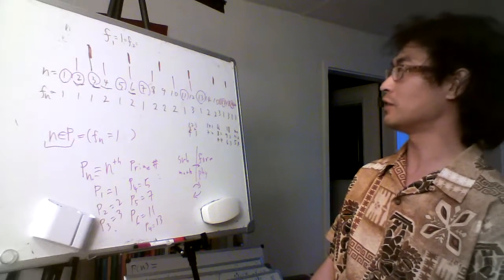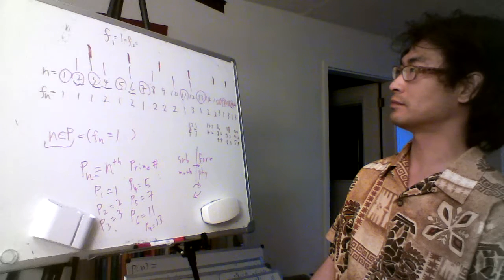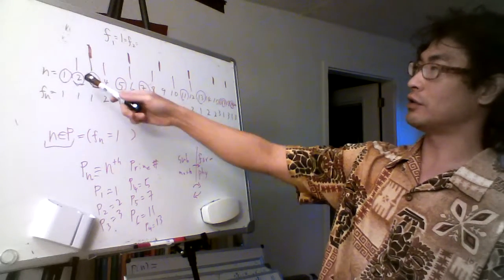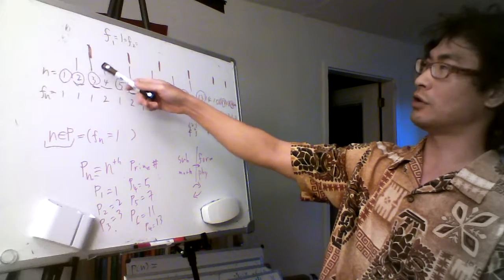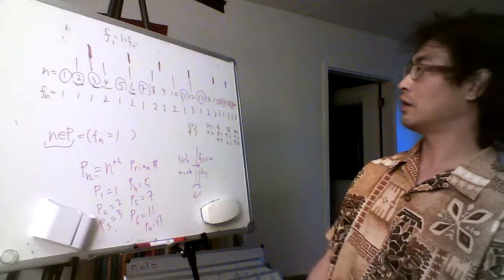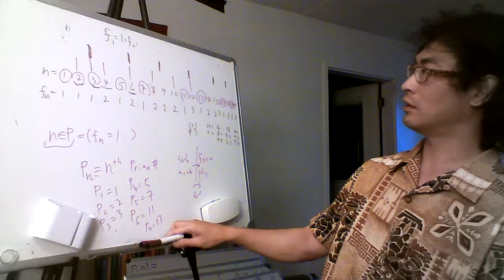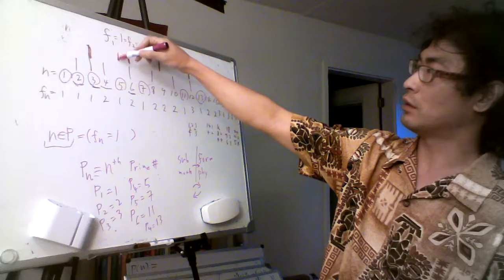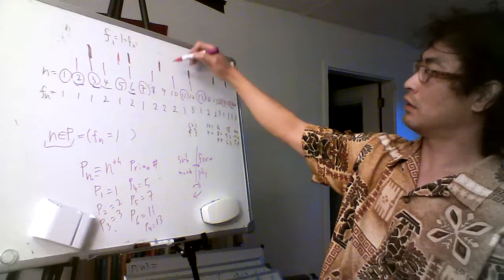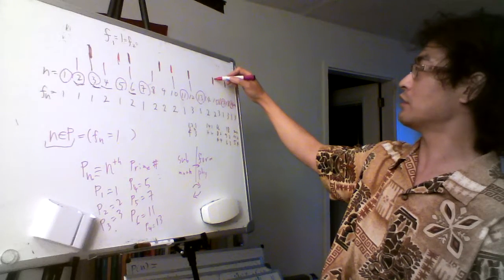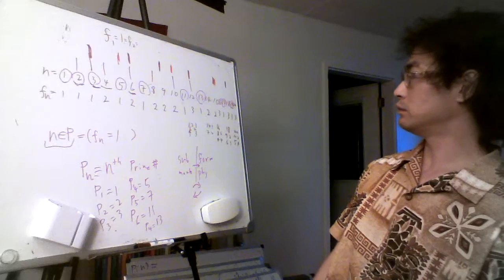So, density. We have density of 1, density of 1 over 2, density of 1 over 3, and what's the next prime number? 5, so density of 1 over 5, then density of 1 over 7. There are bound to be some intersections between the densities.